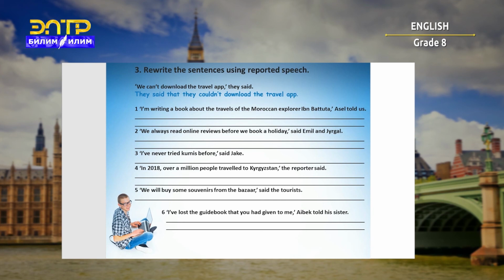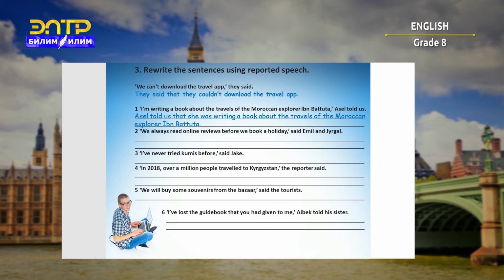Okay, time is over. Let's check your sentences. Sentence number 1. I'm writing a book about the travels of the Moroccan explorer Ibn Battuta, Asel told us. What did Asel tell us? Asel told us that she was writing a book about the travels of the Moroccan explorer Ibn Battuta.